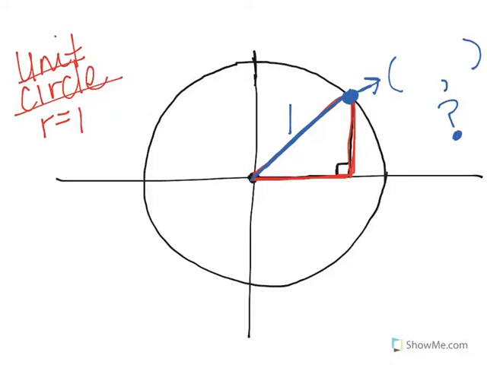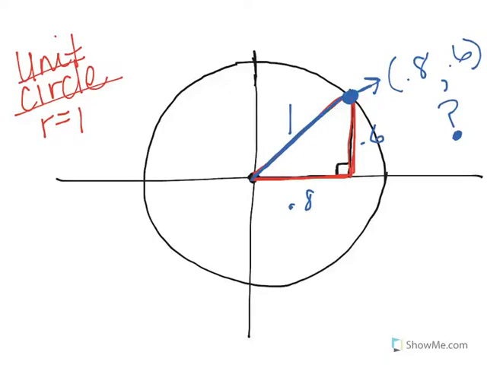For instance, I'm just making this up, but let's say I told you that this point was 0.8, 0.6. Then we would know that the length of the horizontal side would be 0.8, because that's 0.8 units over to the right, and that the vertical side would have a measure of 0.6.